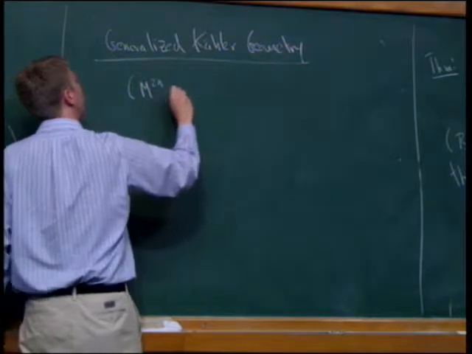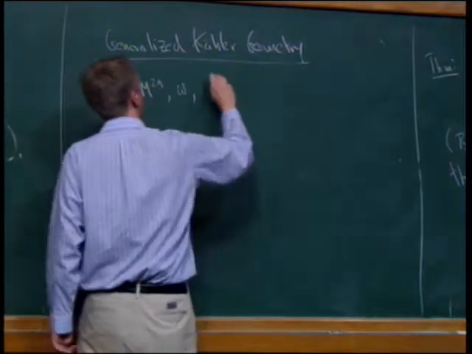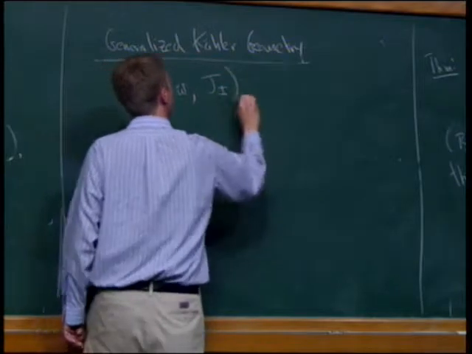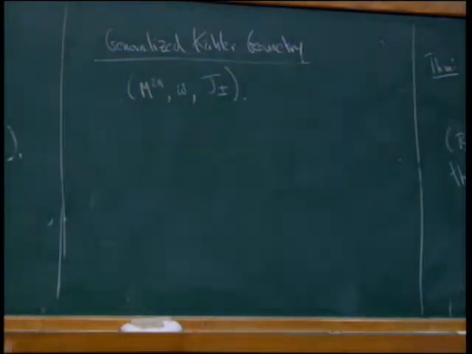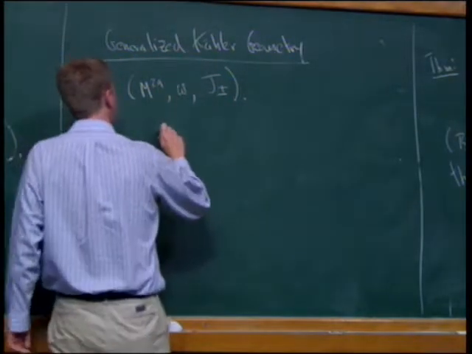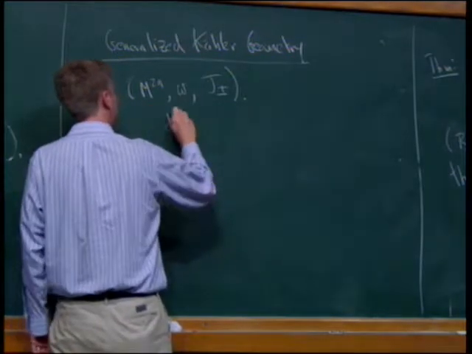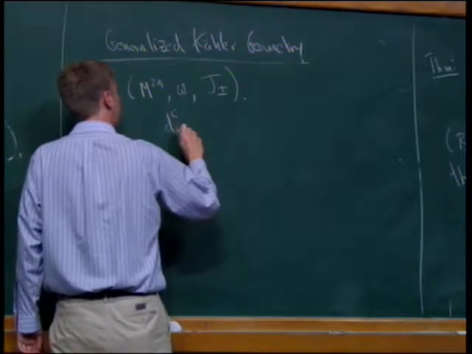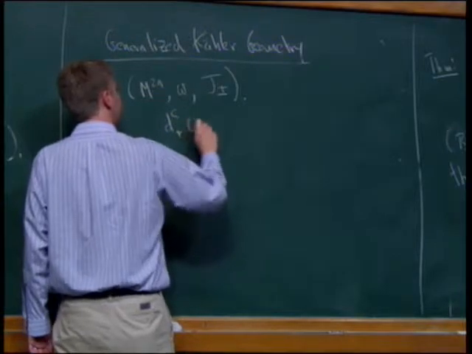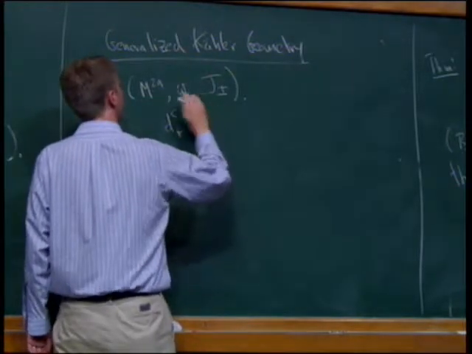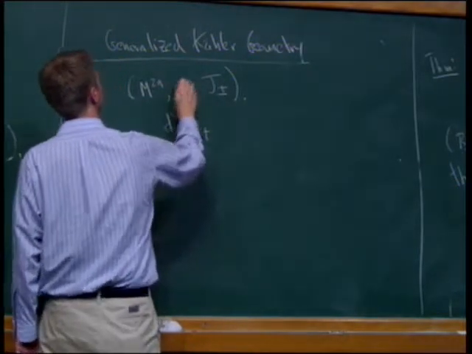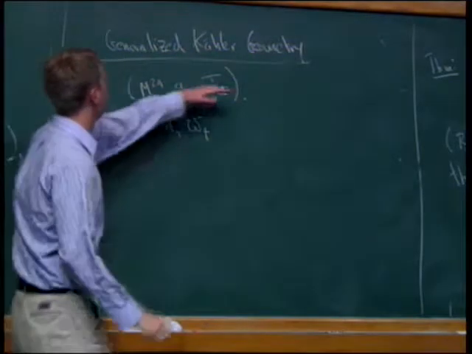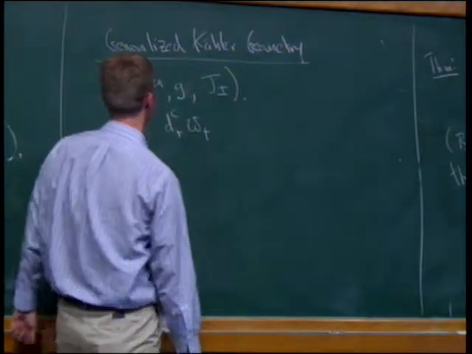Here I have a metric and two integrable complex structures, J plus and minus, so I have two Kähler forms.